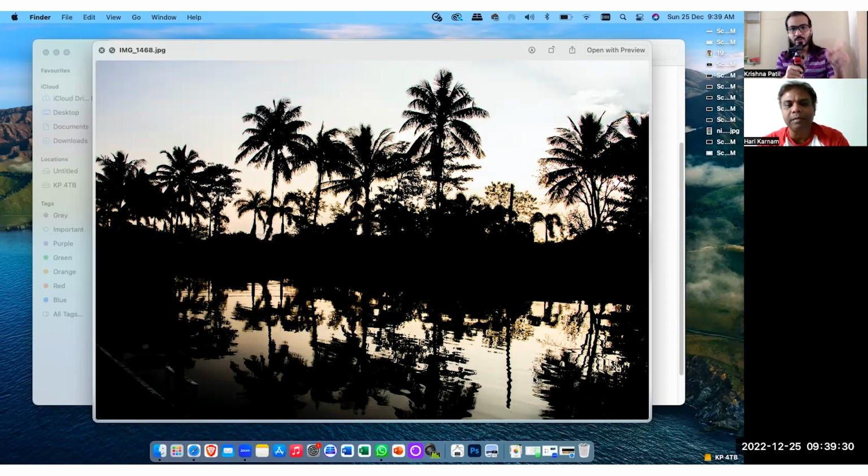Because with the crop sensor, I was able to capture a very small area, and the image got captured in 3 by 2 aspect ratio. But whenever you are shooting landscape, you should capture in 16 by 9 aspect ratio, a wide panorama canvas. You know the aspect ratios, right? We will have to understand the aspect ratios.